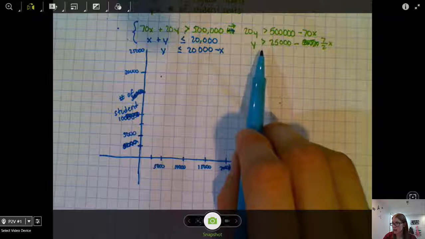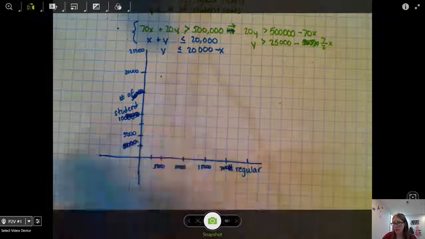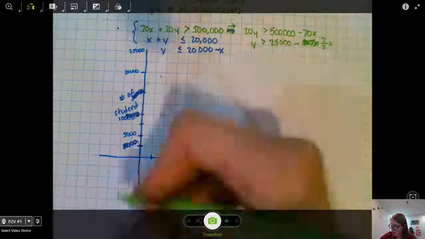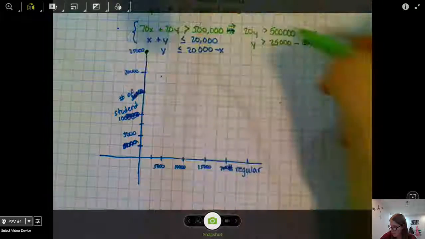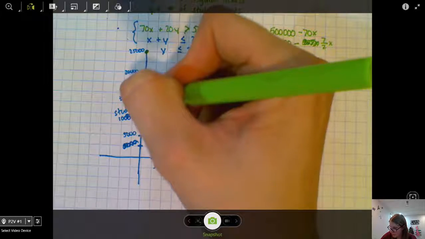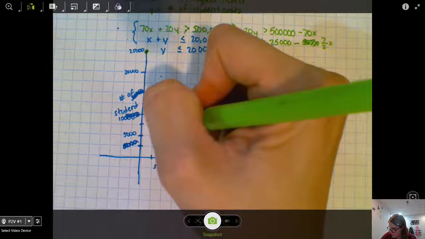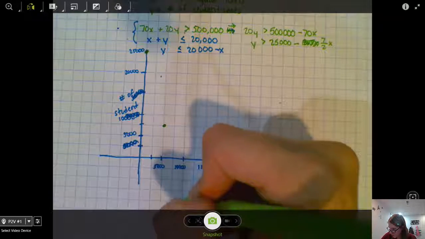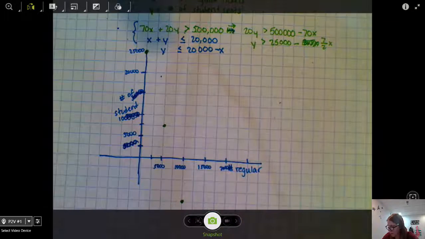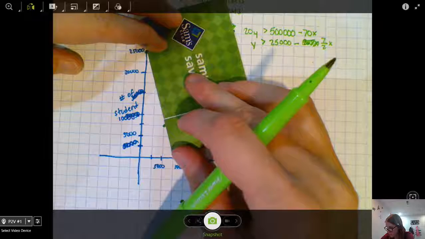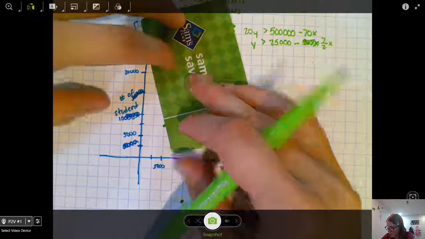So y is greater than 25,000 minus 7 halves x. Our y-intercept is 25,000, and our slope is negative 7 over 2. And although it doesn't have any meaning for our problem, going into our negative y values here, it still helps to have another point on our coordinate grid.